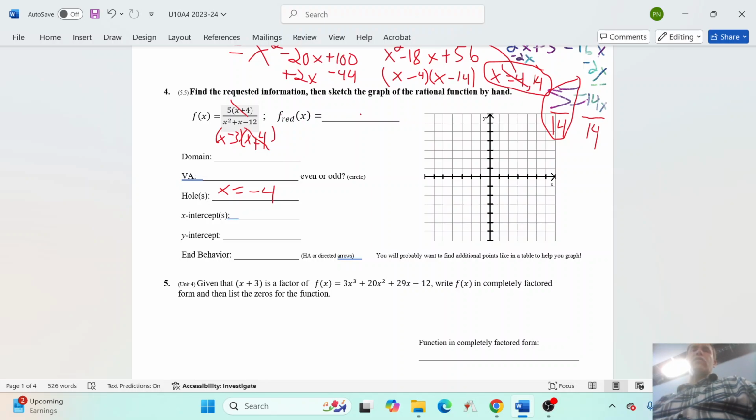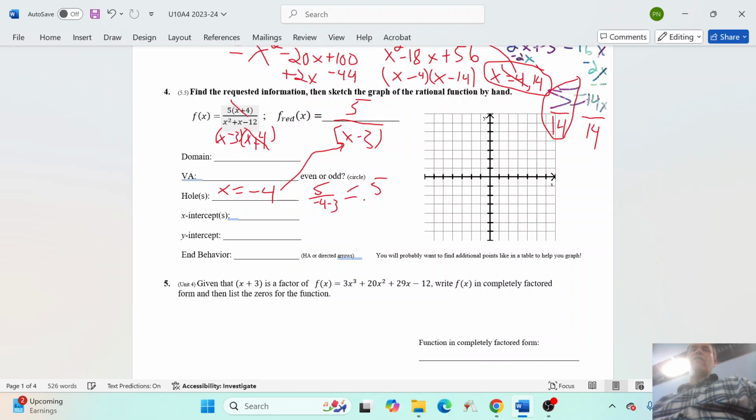The reduced function will be 5 over x minus 3, which you would then plug in the hole to get the y value of the hole. So that'd be 5 over negative 4 minus 3, which is what, minus 7?